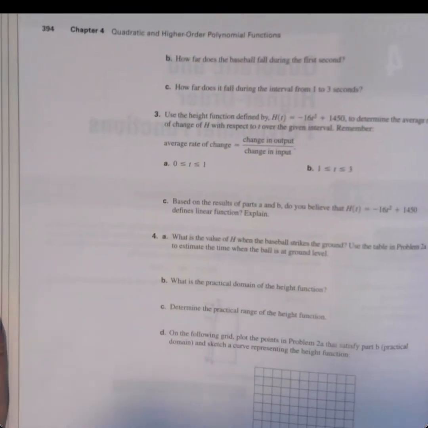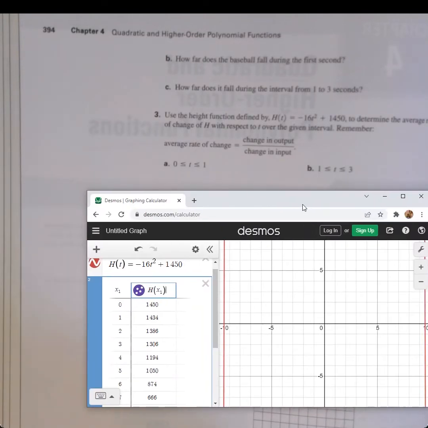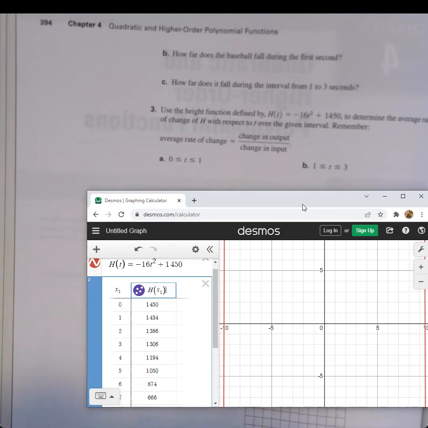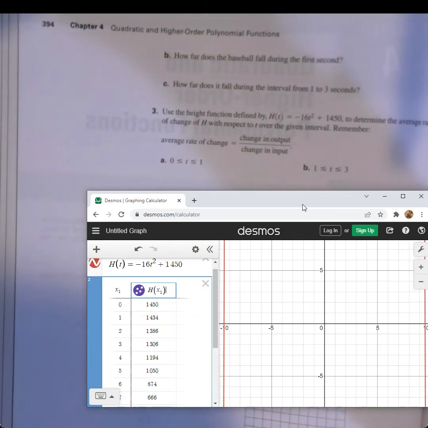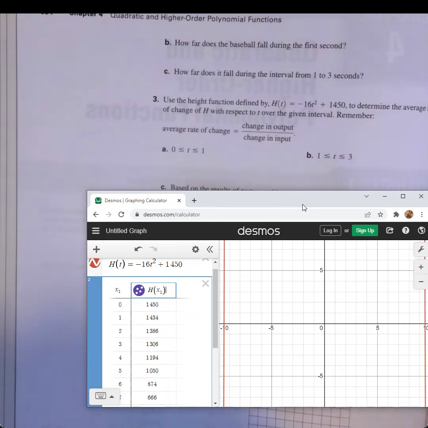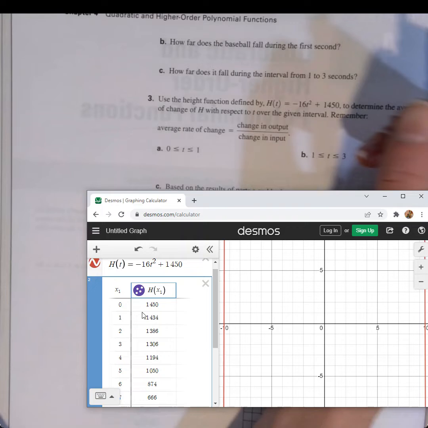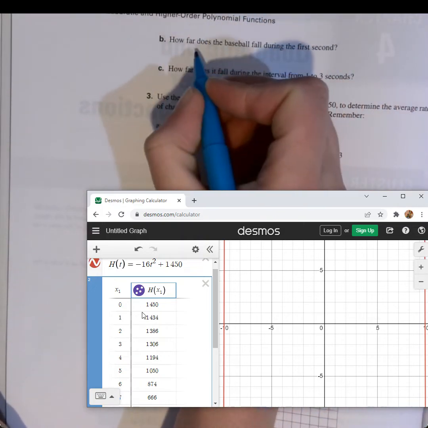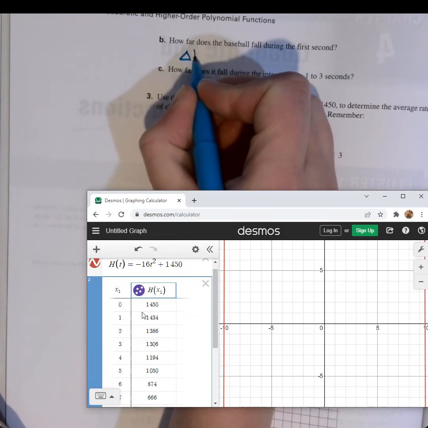How far does the baseball fall during the first second? Okay, so I moved my chart back over here so I can see. So after 1 second, it has fallen down to 1434, but it was at a height of 1450. So we're basically trying to calculate the difference between those values, the change in height.